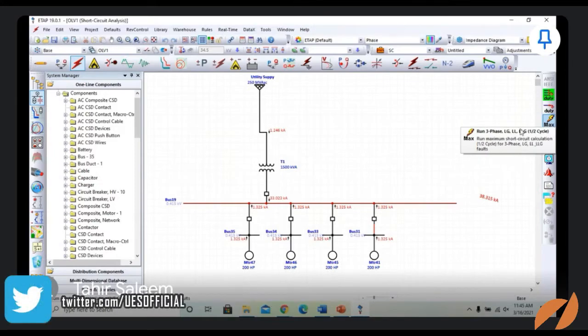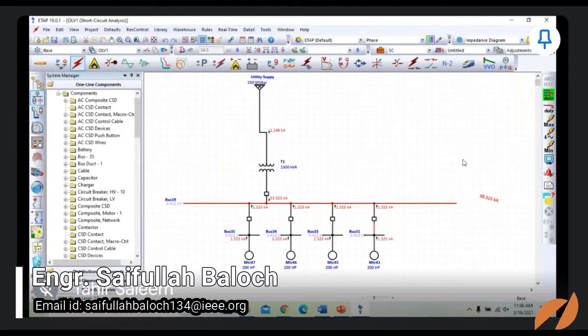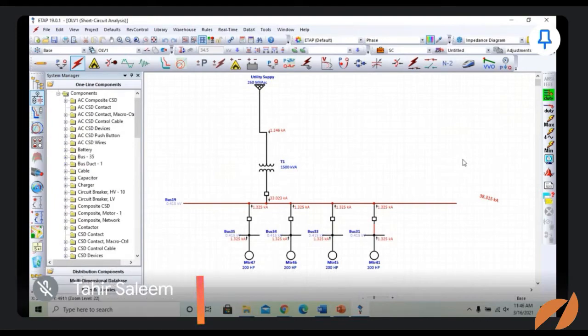As we all know, and sir has also mentioned in his presentation, a short circuit has a maximum value in its first half cycle, and the first half cycle is because of the sub-transient reactance, because it is responsible for the maximum short circuit.